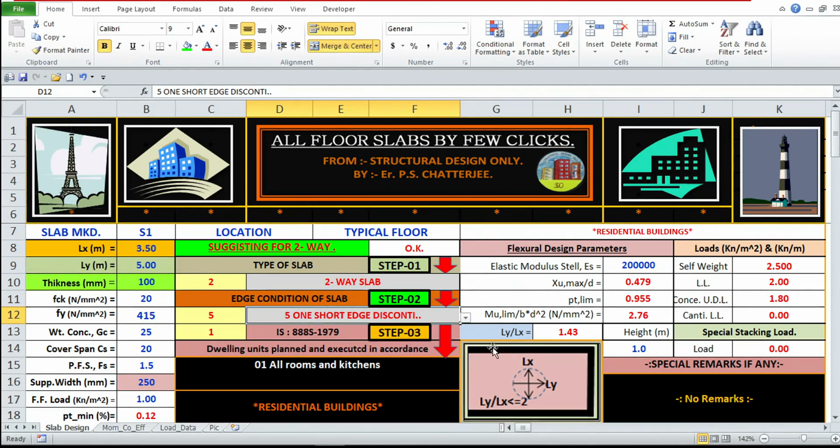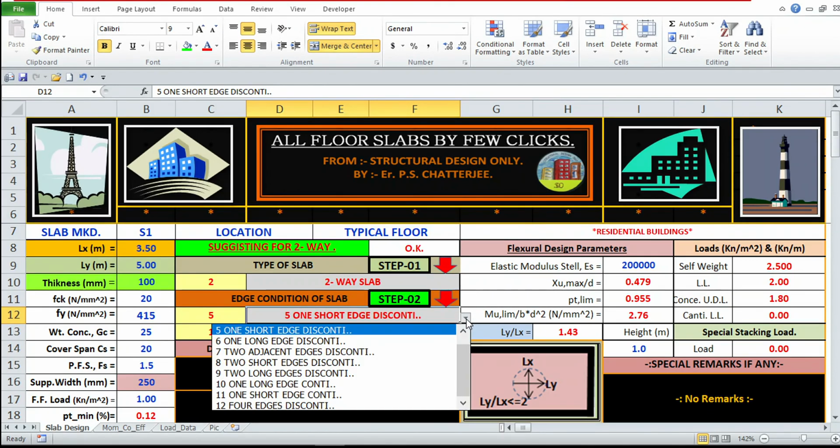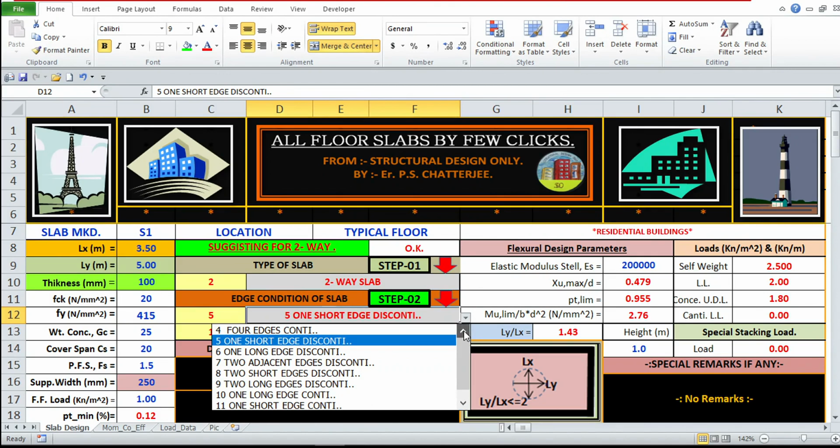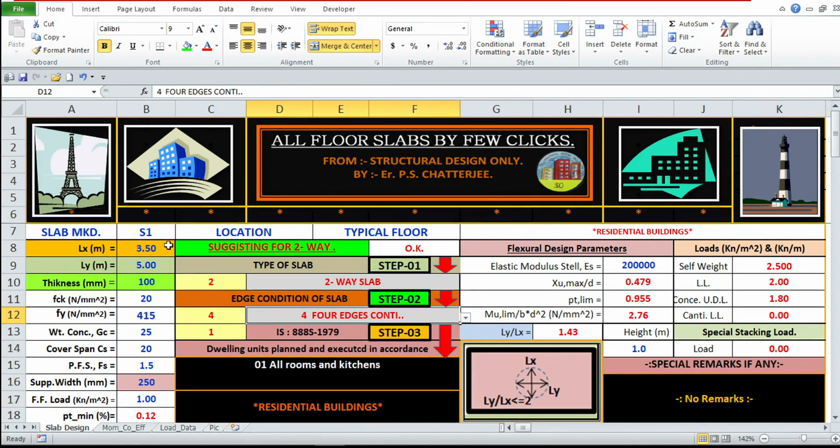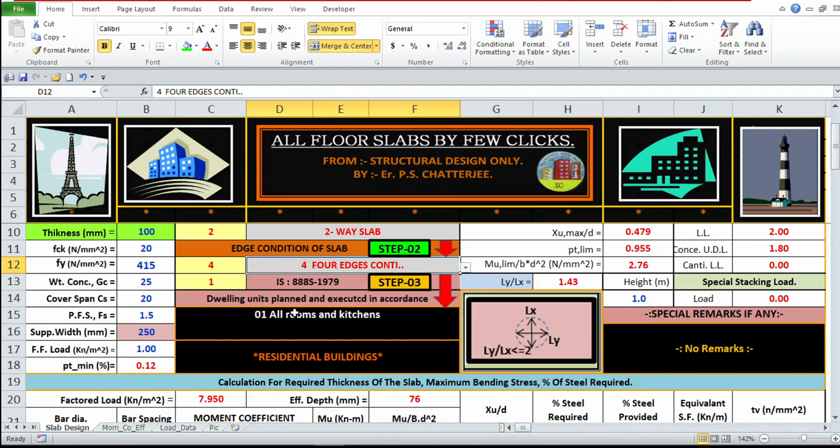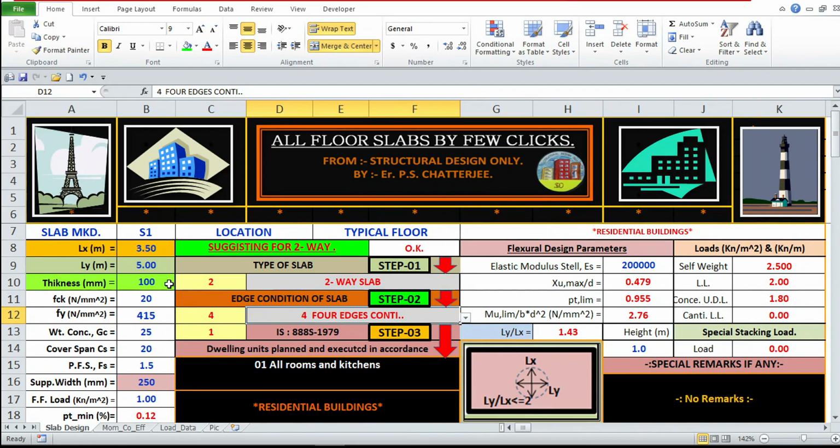Now this is continuous and this is 4 edge continuous. These are the same thickness we have provided, 100 mm.